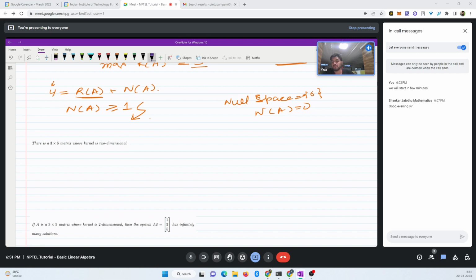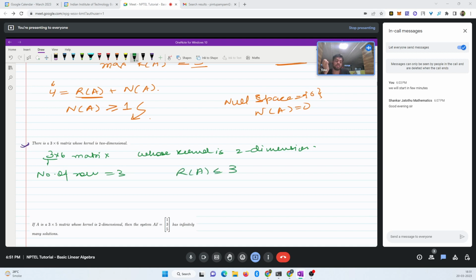Okay, let's see this example. It says that there is a 3 cross 6 matrix, okay, whose kernel is 2-dimensional. Again, as the number of rows is 3, then rank of A must be less than or equal to 3.